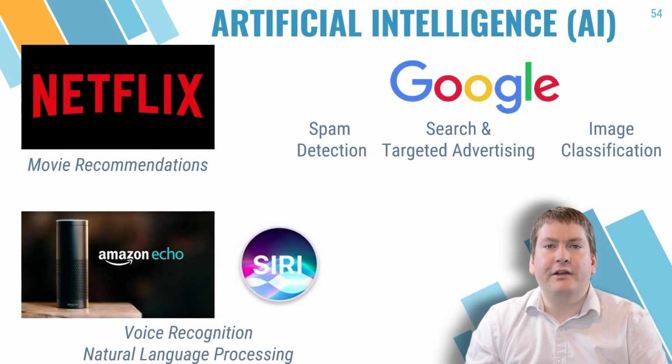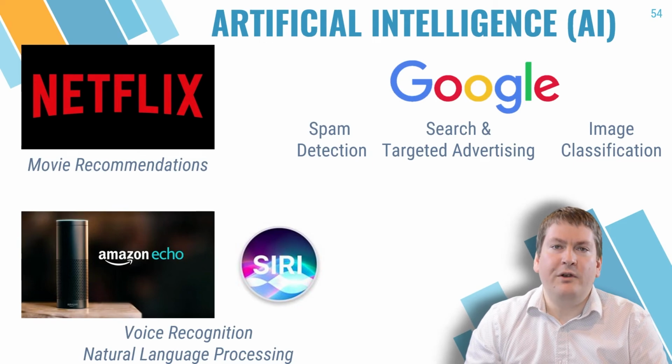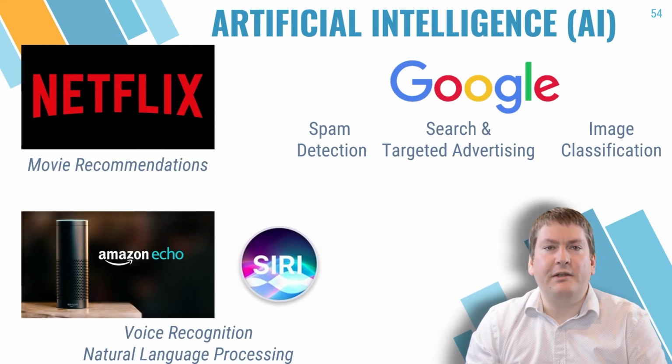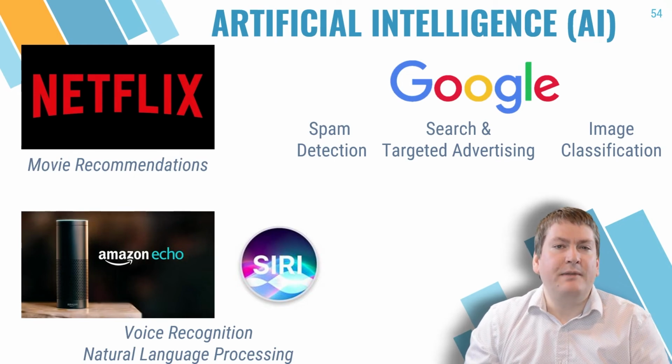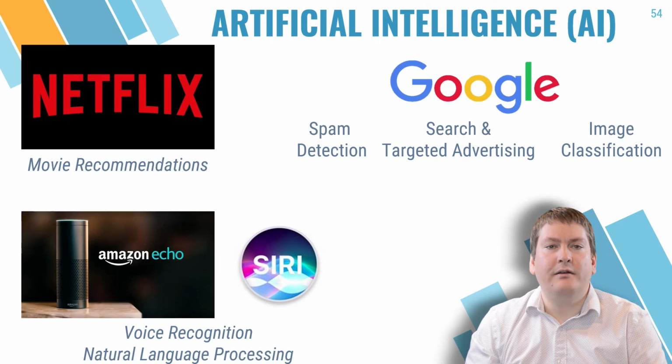Currently, AI is very good at doing very specific classification tasks when given a large number of examples to learn from. For example, classifying movies into groups that you would like or dislike, or classifying email as spam or not spam, classifying words in speech, or classifying objects in an image as being identified as cars, houses, roads, trees, animals, and so on.